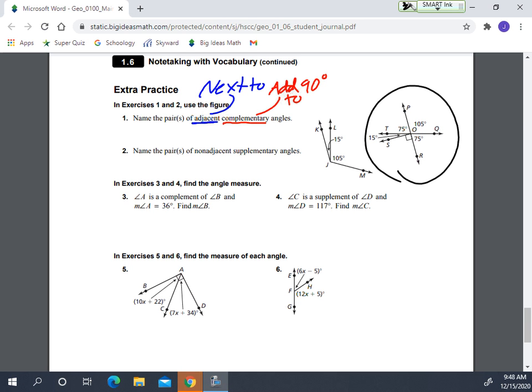Which of these angles add up to 90 degrees? Well, there's SOT and POT. So that is our answer. Angle SOT and angle POT.